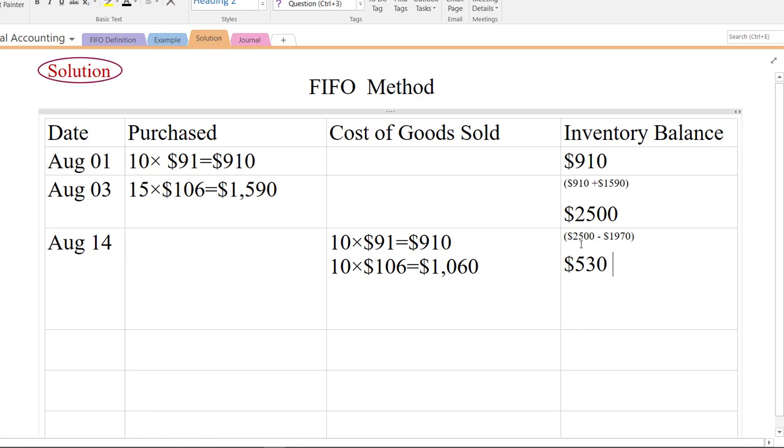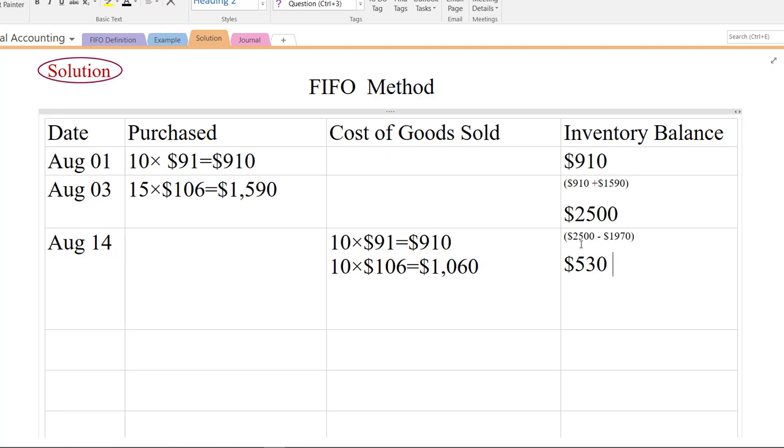Now students, this 530 is called the ending inventory, or the inventory balance as well. It means out of 2,500 inventory which we had till August 3rd, 20 units are sold with a cost of 1,970, and the remaining or ending balance with the business is 530 USD.